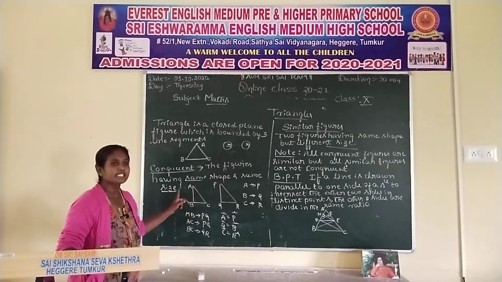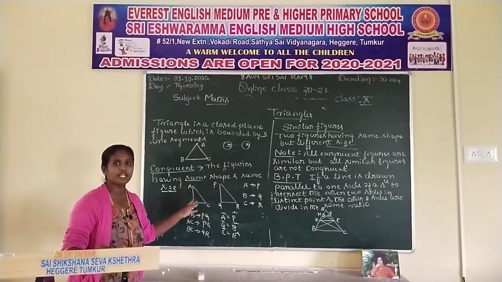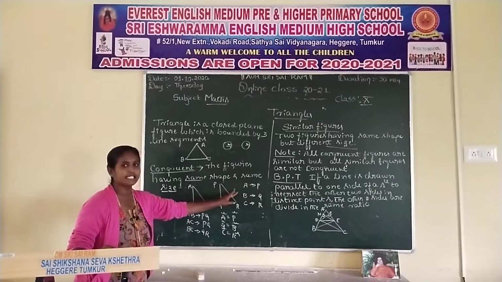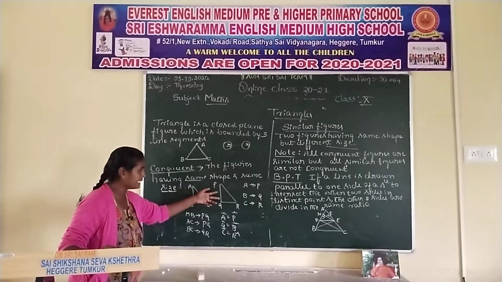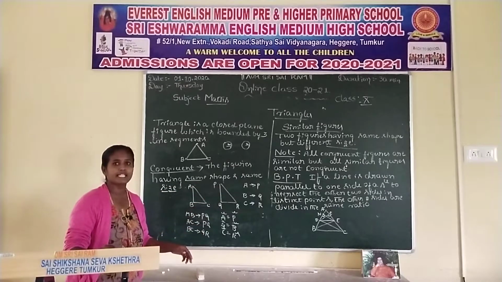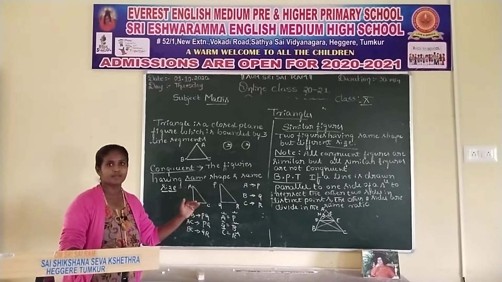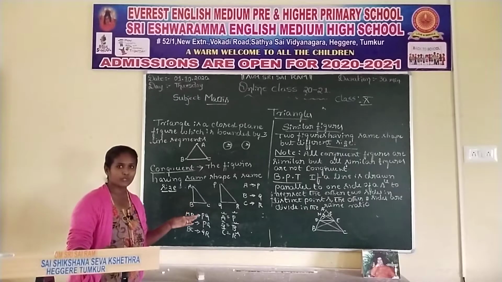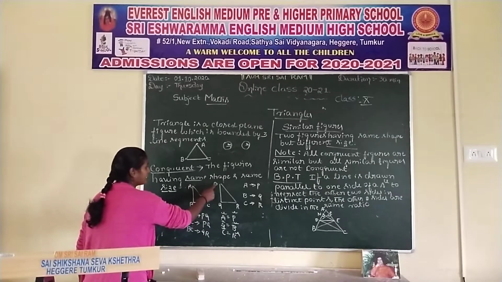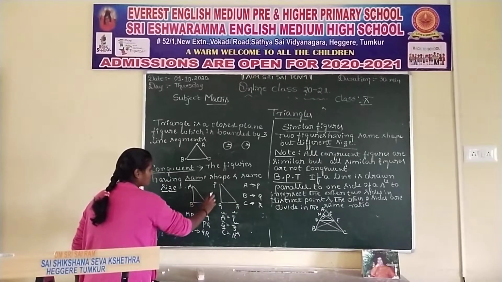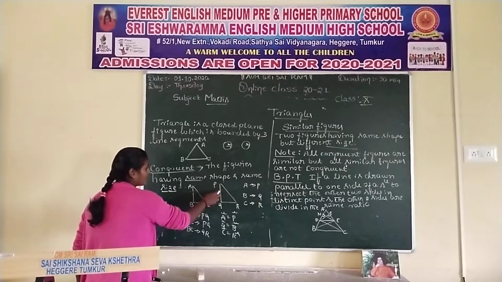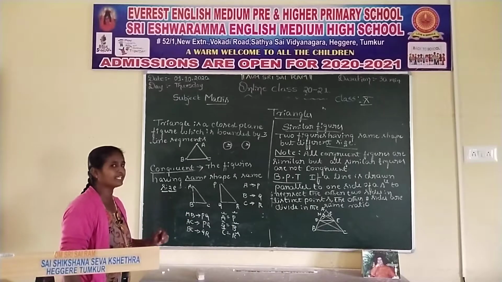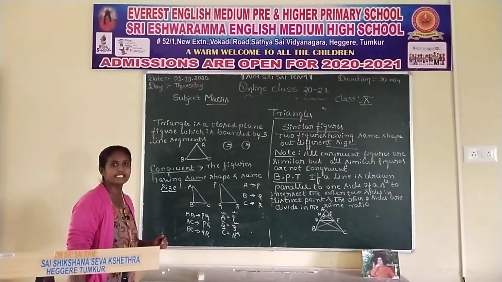Is it clear? See here, when 2 figures are congruent, their corresponding points, corresponding sides and corresponding angles are equal. Then how do we identify their corresponding points, sides and angles?